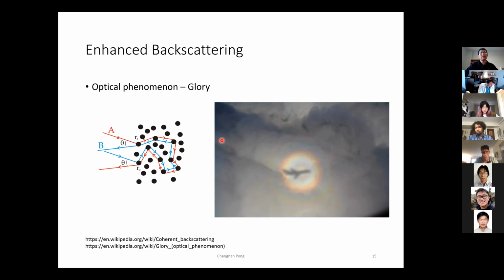This comes from the backscattering, momentum k to minus k. This process is enhanced by this constructive quantum interference.